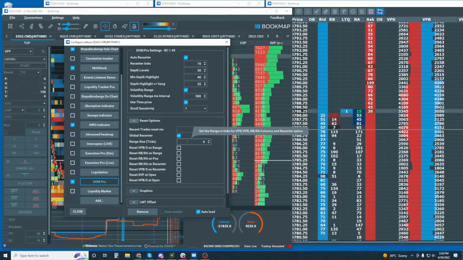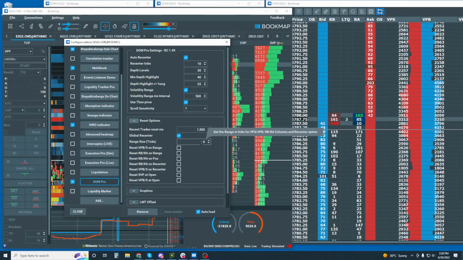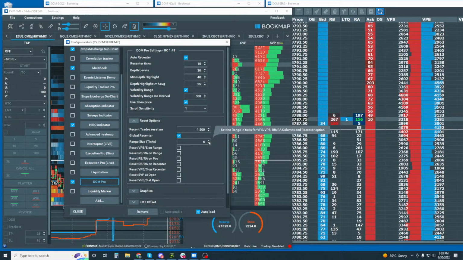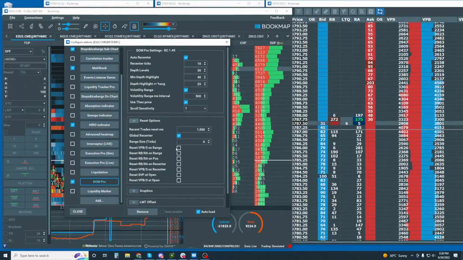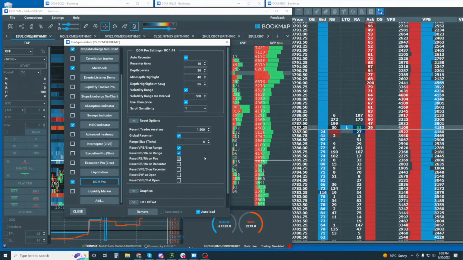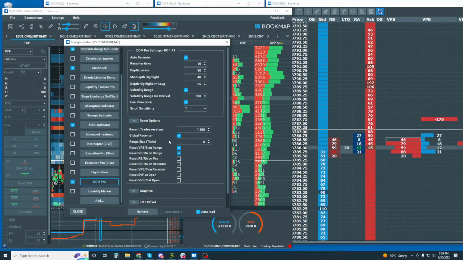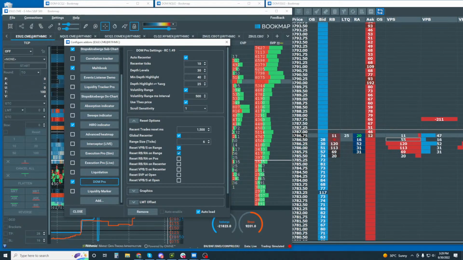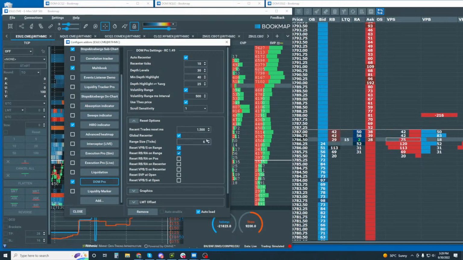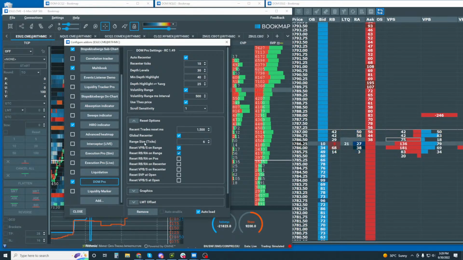So if you look at the recent bids and recent ask trades, every six, if you check reset VPB and VPS on range, and reset RB and RA on range, it will reset based on 6 ticks. Sorry about that, I got a little hung up there. There's the reset right there. It goes 6 ticks. Now, the way that this works, we input 6 here, and you need to check the boxes.